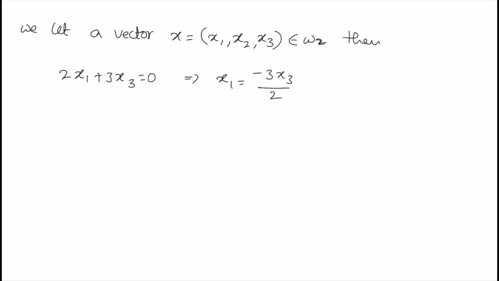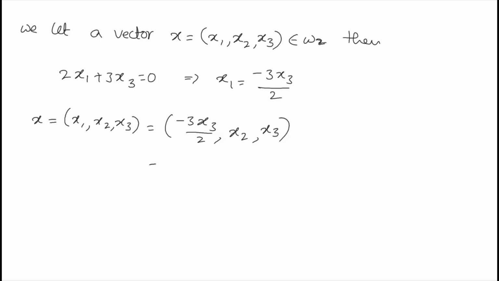By rewriting x1 in terms of x3 in the vector x equal to x1, x2, x3, we get minus 3x3 divided by 2, x2 as it is, and x3.